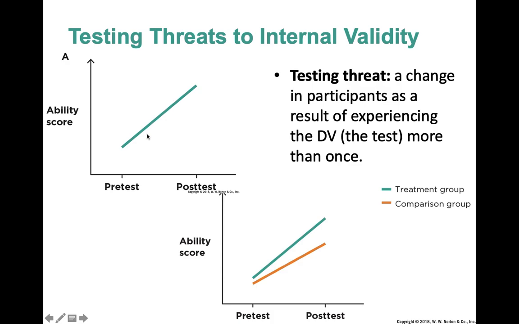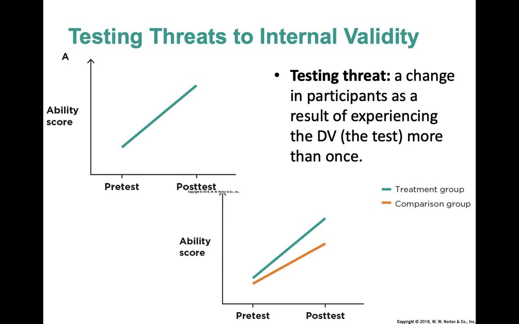So in the first graph, we don't necessarily know whether we've got a practice effect going on here. But in the second graph, where we've got a treatment group and a comparison group, maybe it appears that there's a practice effect or some sort of a testing effect for both groups. But because we see more improvement in ability for the treatment group, we can't completely attribute what's going on to practice.